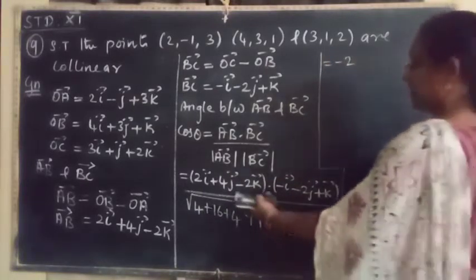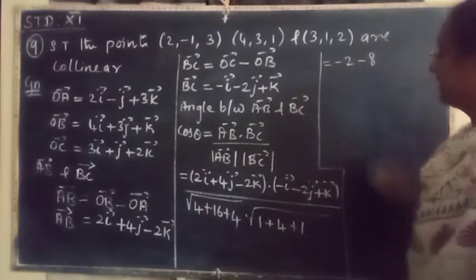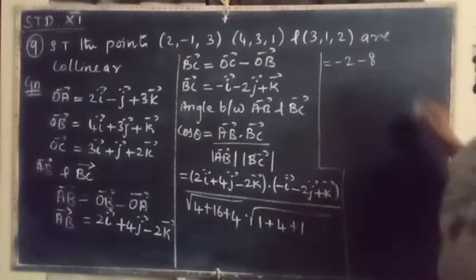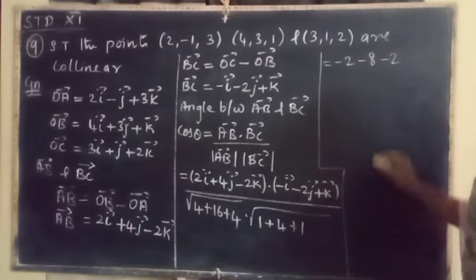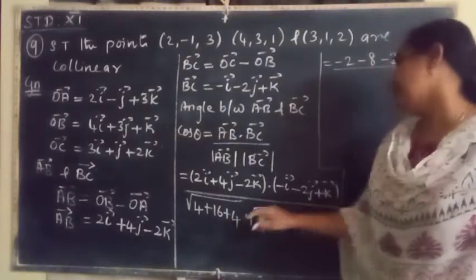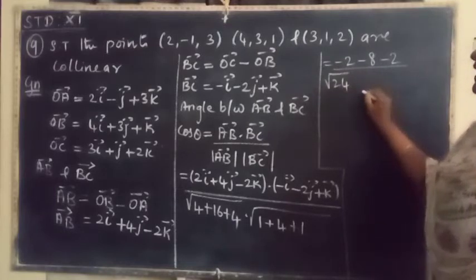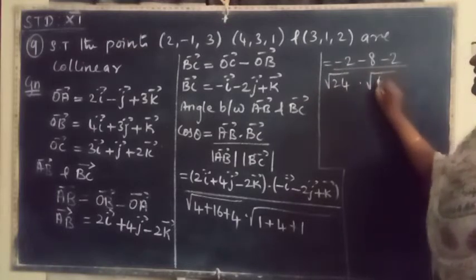Next, 4 into minus 2 becomes minus 8. Then minus 1 into 1 is minus 2. Divided by square root of 24 into square root of 6.